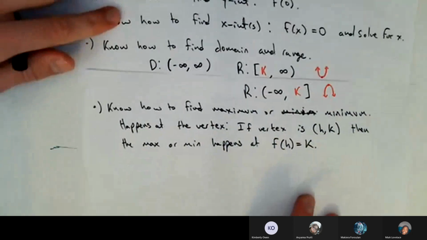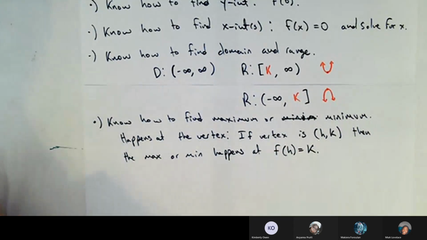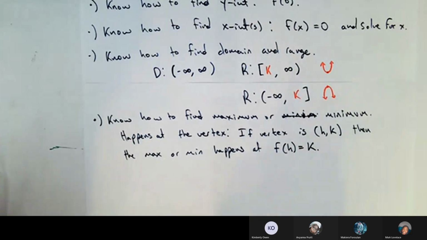We also had this little theorem that tends to be quite useful if you only want to know the max or min and you didn't find the vertex, you don't already have it in standard form. Somebody just plops down a quadratic equation and says, what's the maximum or the minimum of it?